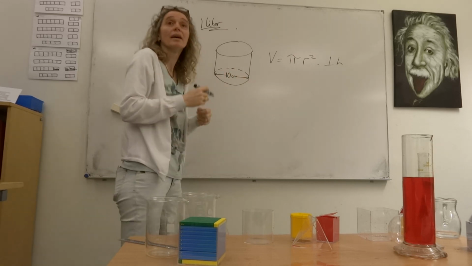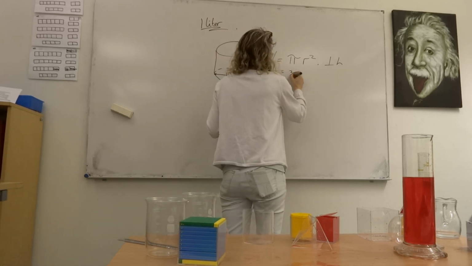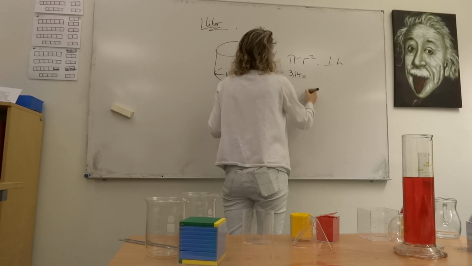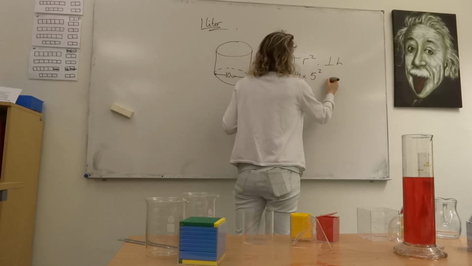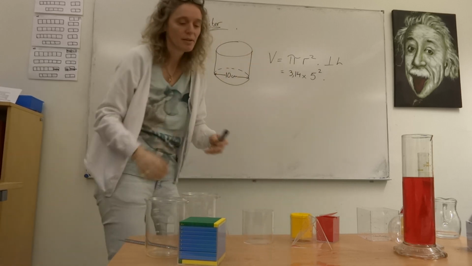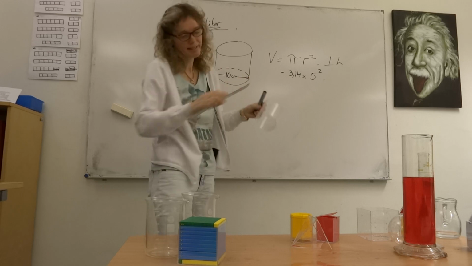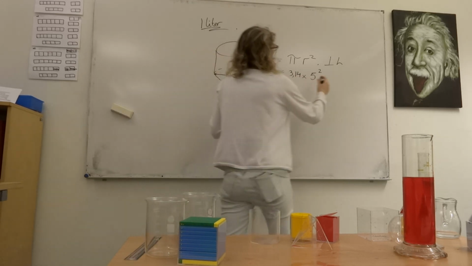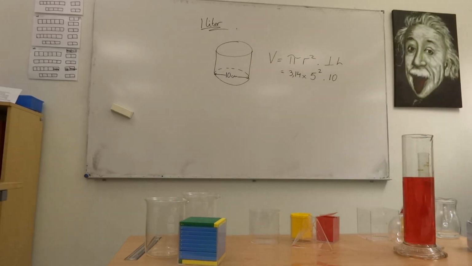So what's our radius? Always remember, half of that. So we've got pi as 3.14 times the radius, 5 squared, times the perpendicular height. I would expect it to be 10, and it is, times 10. So, calculator.